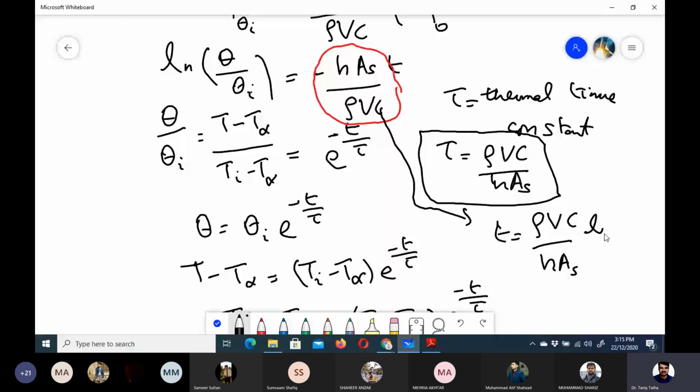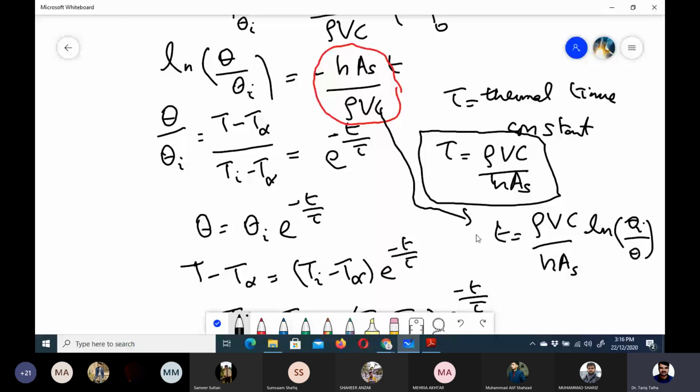Now you must note that we have got a minus here. When that minus goes to the left hand side, it makes it log of theta I upon theta, and then the 1 upon tau, when it goes to the right hand side, would be equal to tau. So tau is equal to rho Vc upon HAS. So I have written these two formulas.